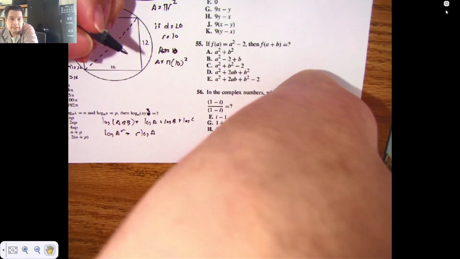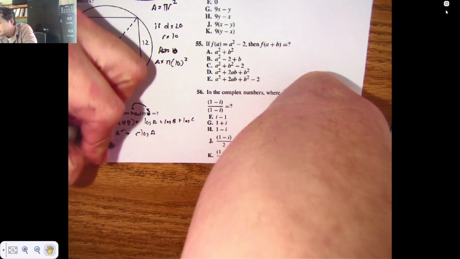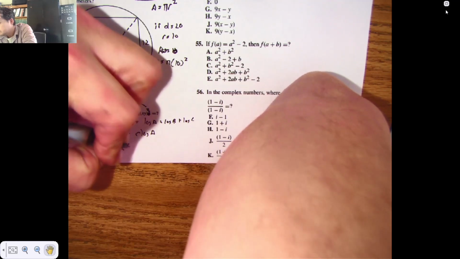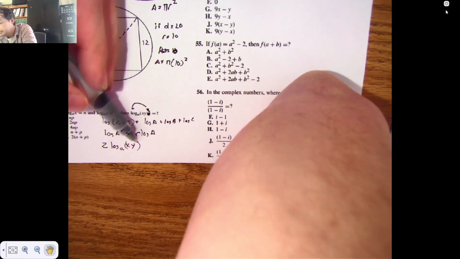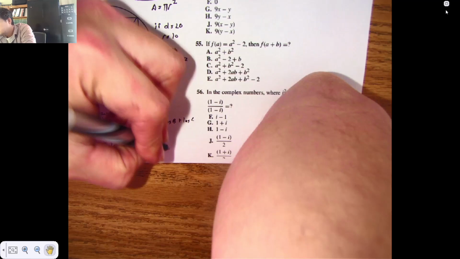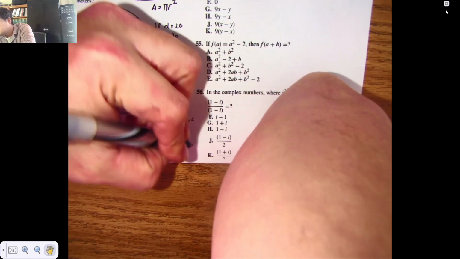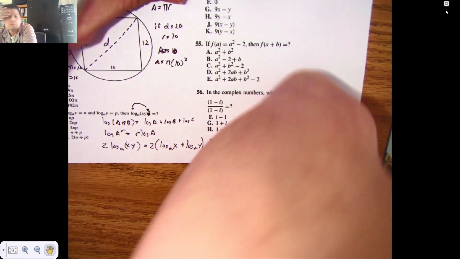So what's this telling me? It's telling me this 2 can be thrown out front, and then it's telling me I can break apart through addition. That's what it's telling me.